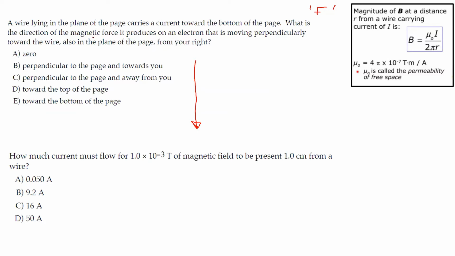What is the direction of the magnetic force it produces on an electron that is moving perpendicularly towards the wire, also in the plane of the page, from your right? Okay, now this is an electron, and this electron is coming towards the wire. So this is a current carrying conductor.